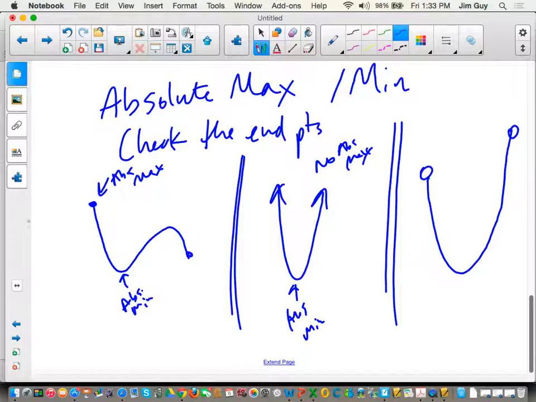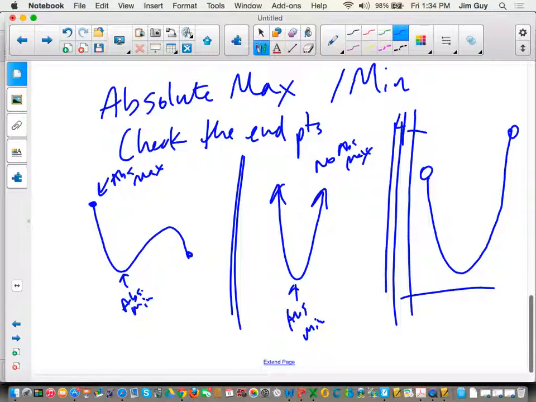Is there an absolute max there? What's the absolute maximum value? What did you say? Okay, but now we're saying no as an approach. We're saying what is the highest value? What's the maximum value? 4.